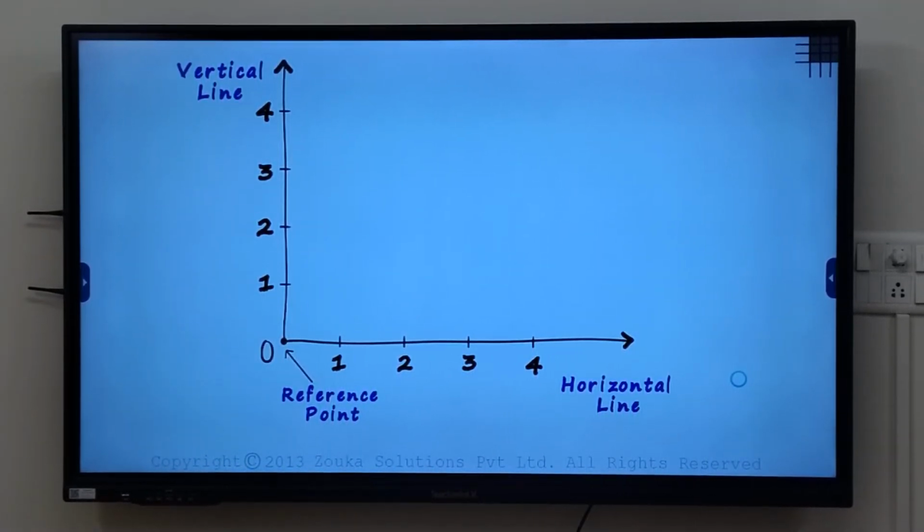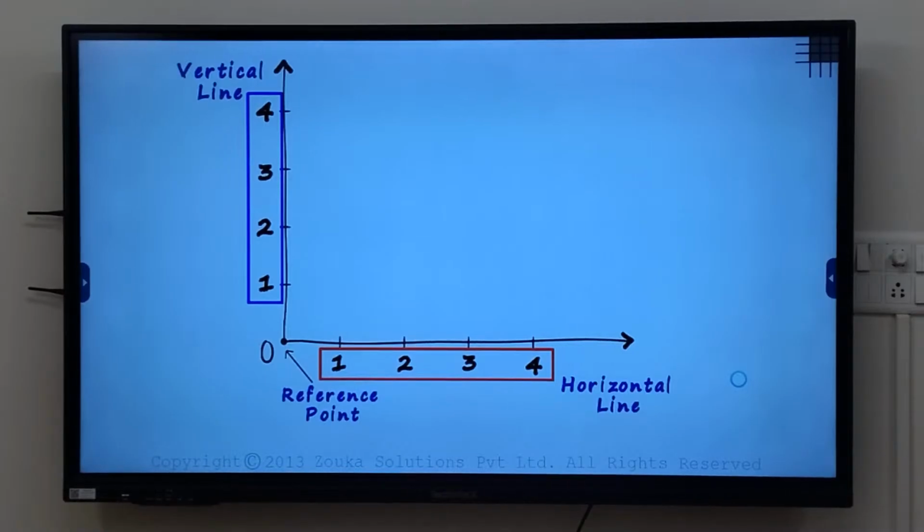Now if we have any point in the region, we can easily give it an identity based on the numbers we have marked.